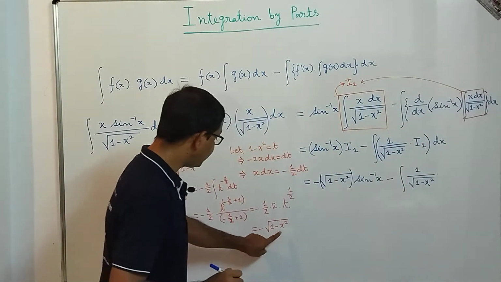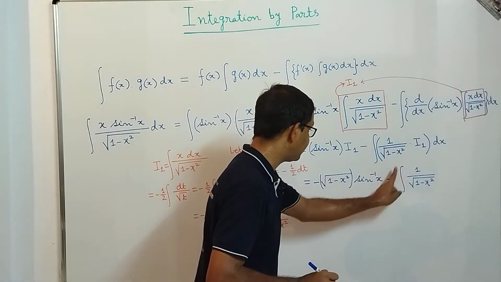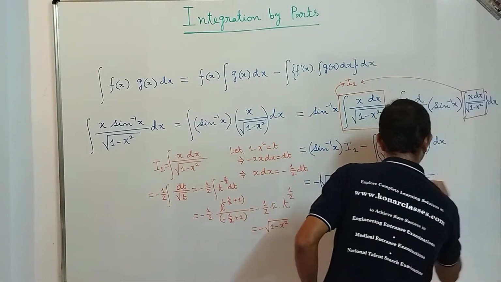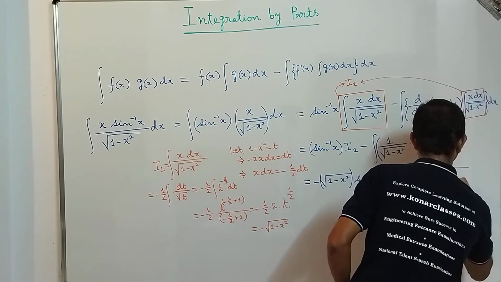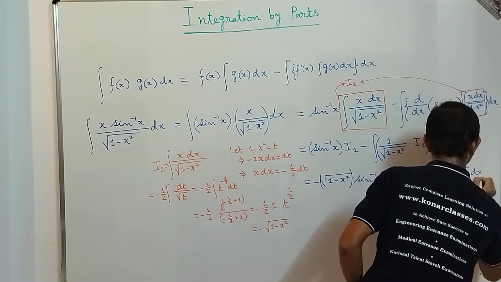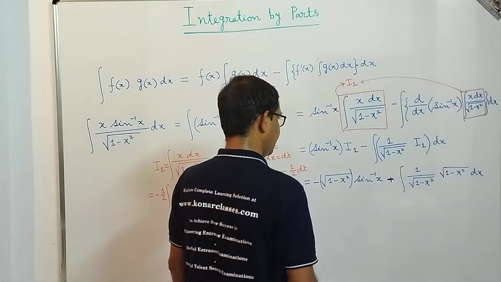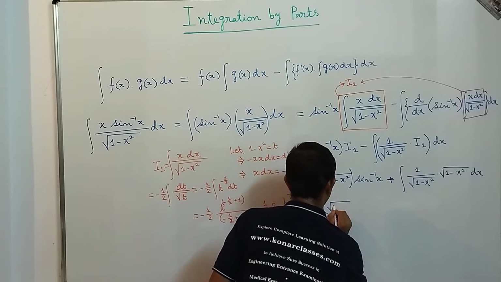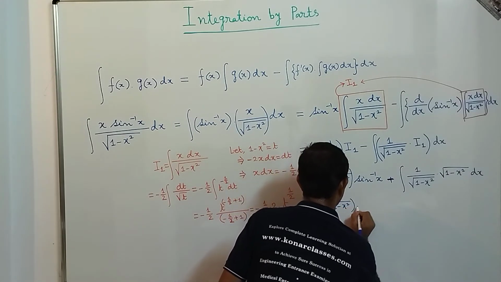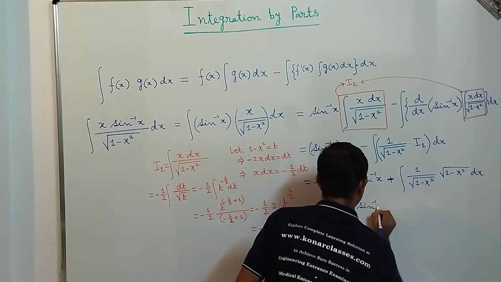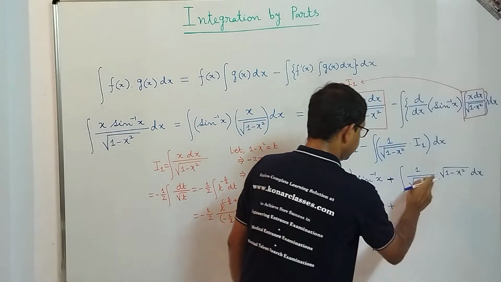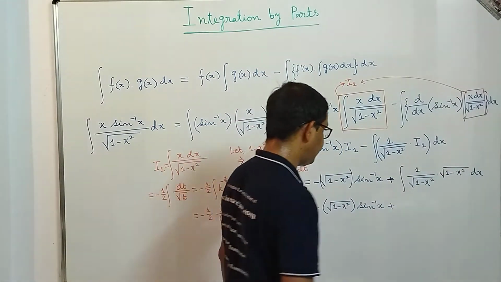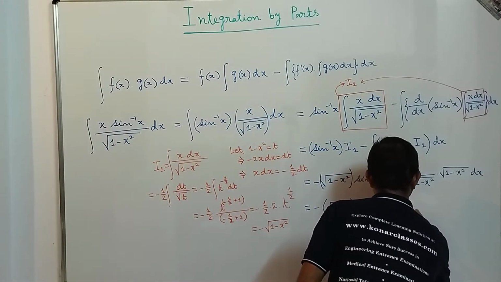I1 is what? Minus square root of 1 minus x square. So that minus and this one will become plus. So it becomes plus into square root of 1 minus x square dx. Correct? So that means what we get here, dear students, is minus square root of 1 minus x square into sin inverse x plus, that square root of 1 minus x square by square root of 1 minus x square cancels, and we get only integration dx.